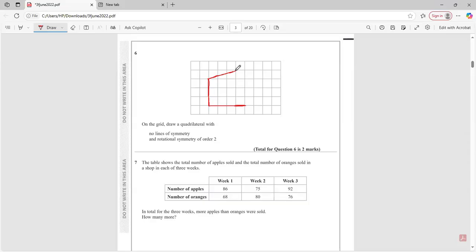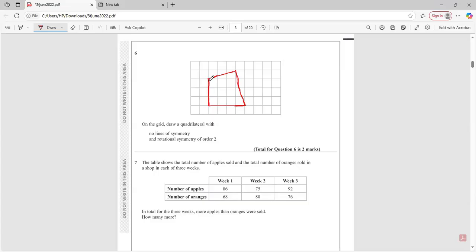Let me see. I would most likely join this to this, for it to be a quadrilateral with no lines of symmetry and rotational symmetry of order 2.